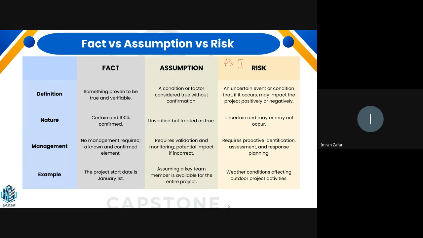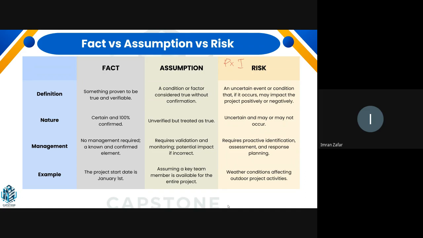You will be talking to your stakeholders, to your sponsor, to your team, and you will not be assuming things for granted. There should be some working or thought process behind your assumptions, because if your assumptions go wrong in such a drastic fashion, like 70 or 80% going wrong, then it is obviously a big challenge for your project.